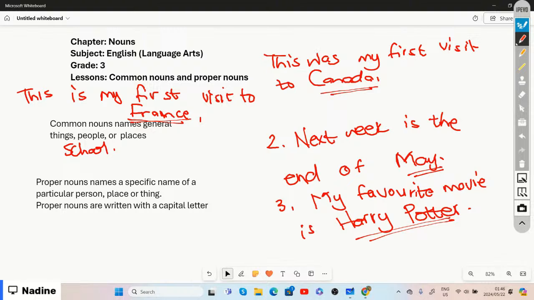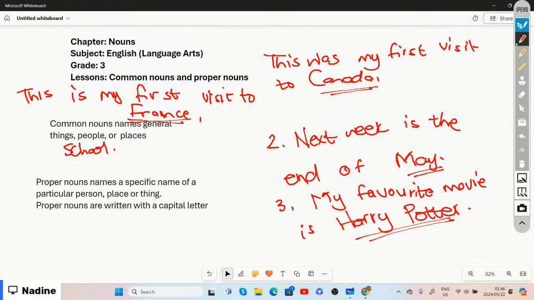So, which means that France and Canada are names of places, May is a month of the year, Harry Potter is a title of a story. It's either a storybook or it's a movie now, right? So if we were to separate common nouns from proper nouns, then common nouns are basically general names of people, places, things, animals.